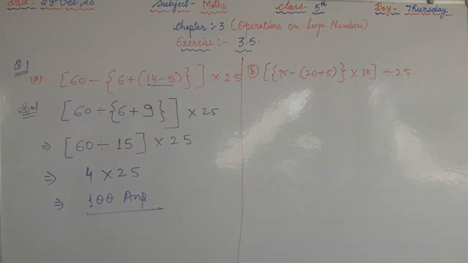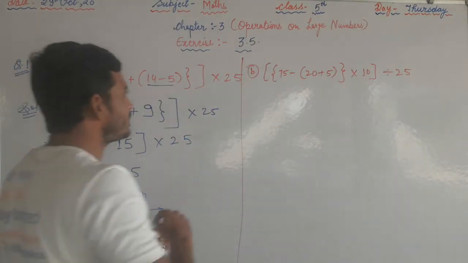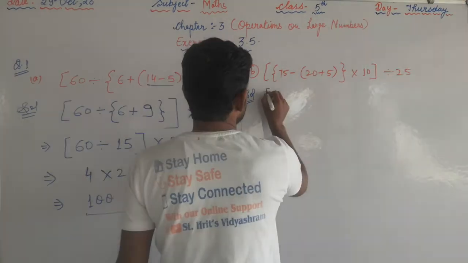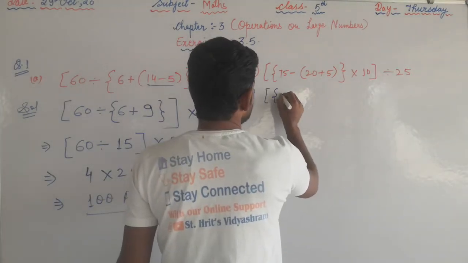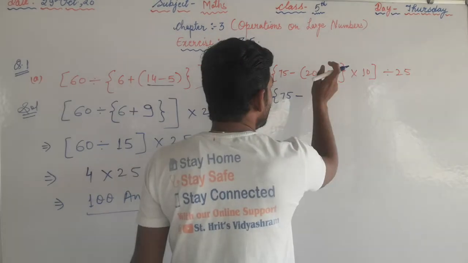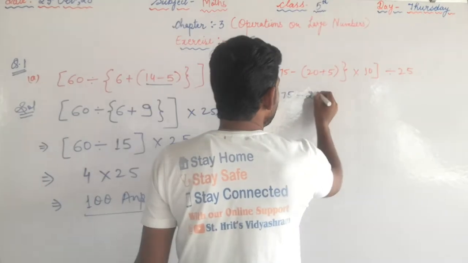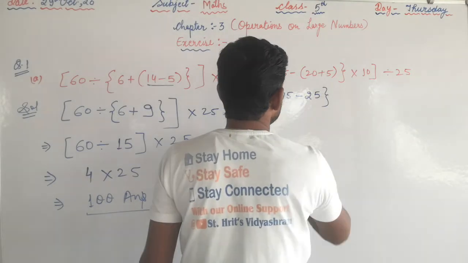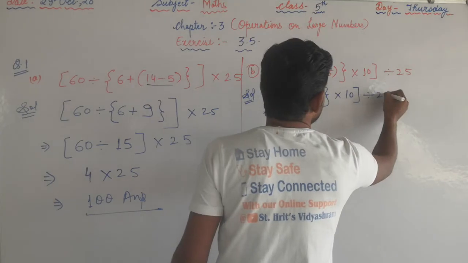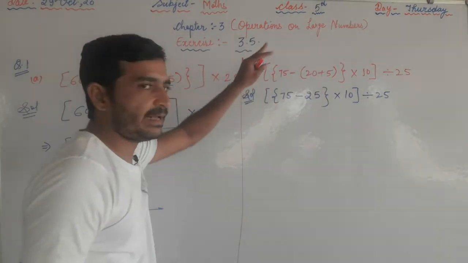Now see the solution of the B part. 75 minus, first you solve this bracket: 20 plus 5, 25. Multiplied by 10 divided by 25. The remaining things you note down as it is.